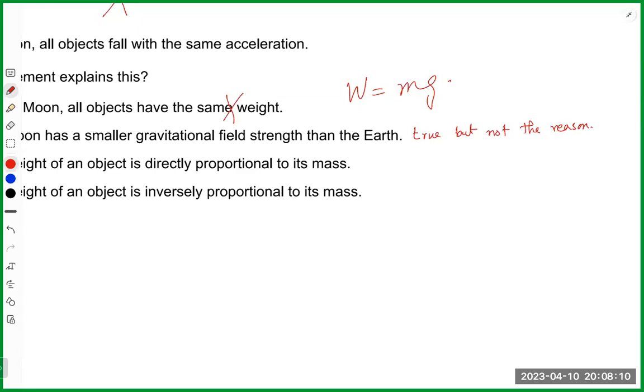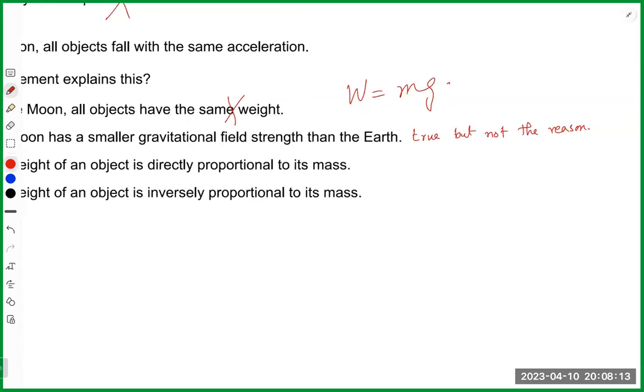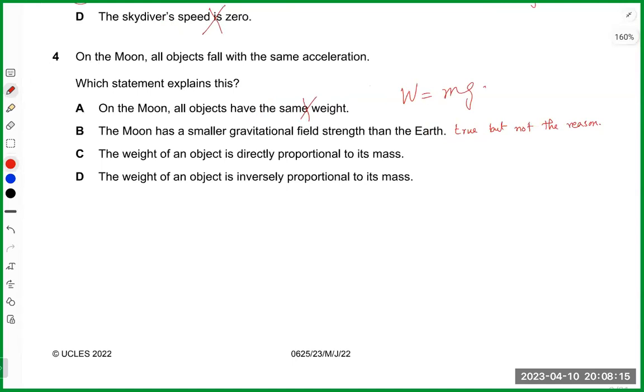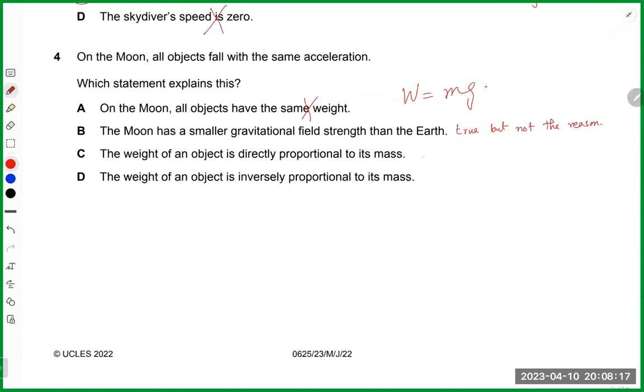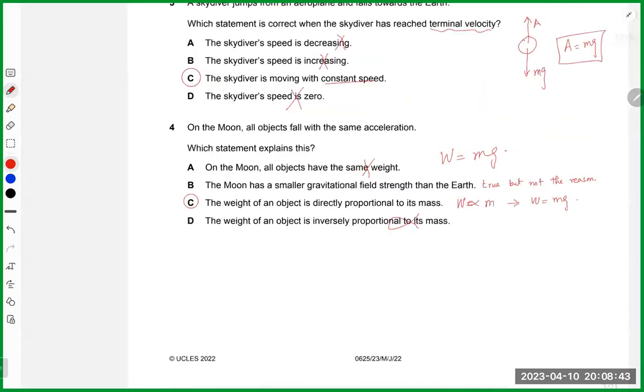Okay, so be careful for these kind of statements. Weight of an object is directly proportional to mass. So this statement is trying to say that weight is directly proportional to mass. That makes sense. Weight equals mg. So I will shortlist this one, but I will still read the next option. The weight of an object is inversely, no, that is not true. So C is the answer. Moving on.